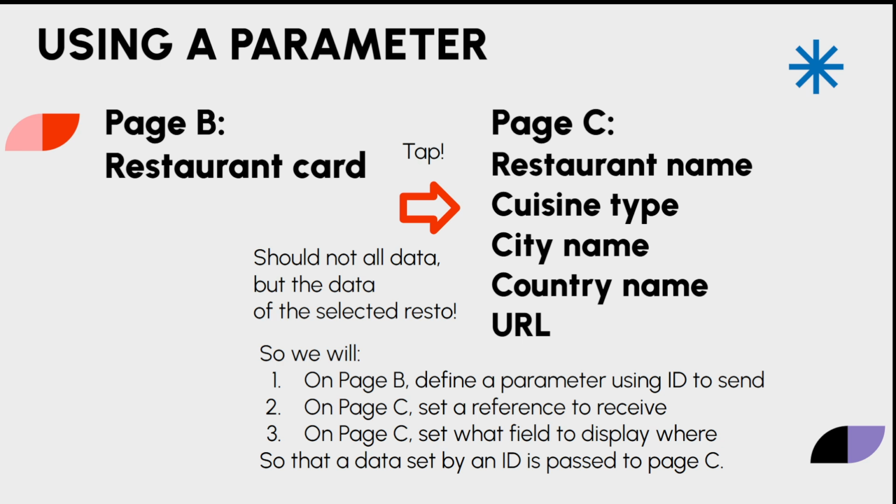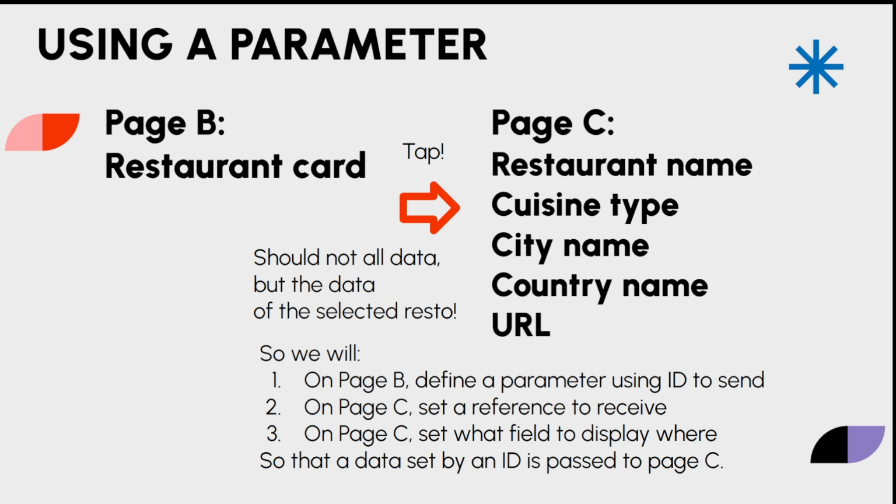Once page C receives this ID, we'll tell each element on the page, like the image widget or the text widget for the name, exactly which field from the database, like URL underscore image or restaurant, to display for the restaurant associated with that specific ID. So the flow is page B sends ID, page C receives ID, page C uses ID to fetch and display the correct data.